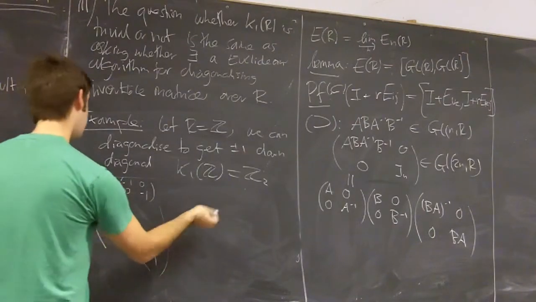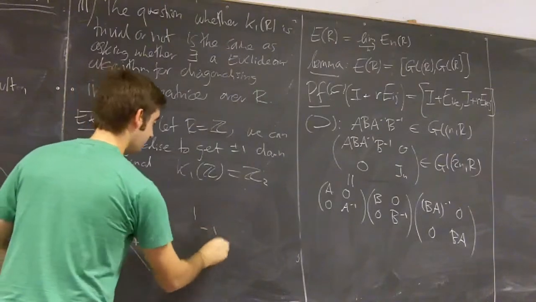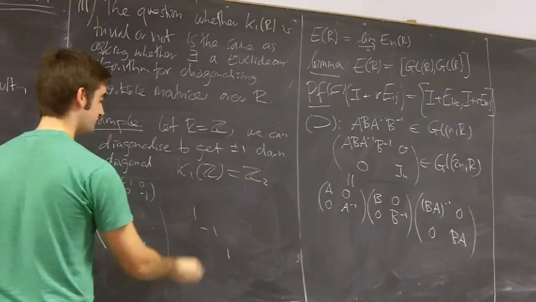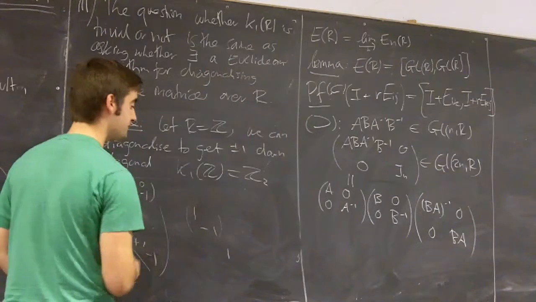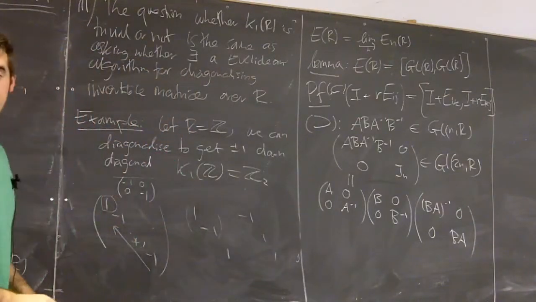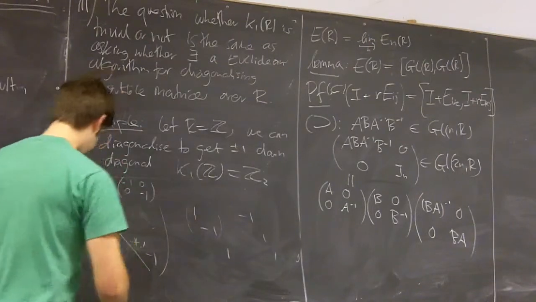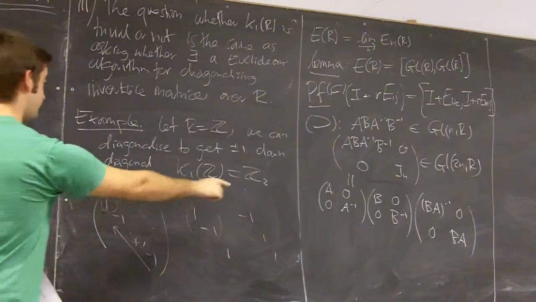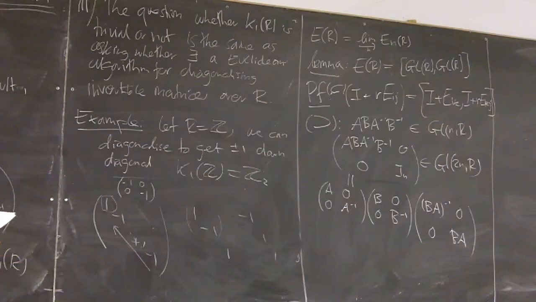So if you had something like this, you just multiply by this on this part, and that gives you just -1 stabilized, if you see what I mean. So then you just get Z mod 2.